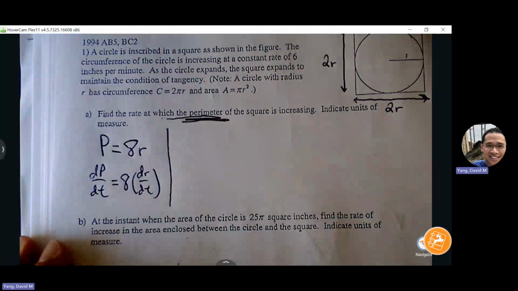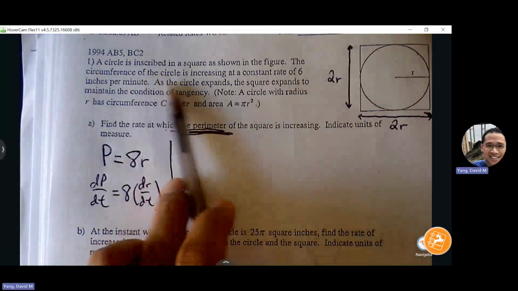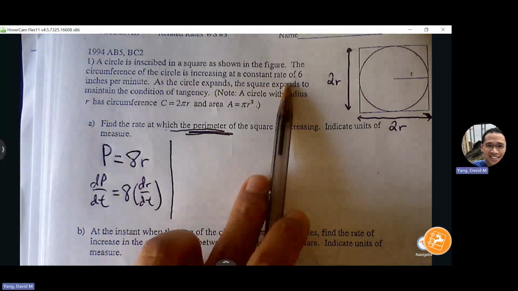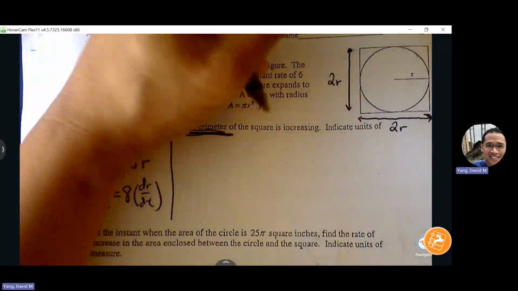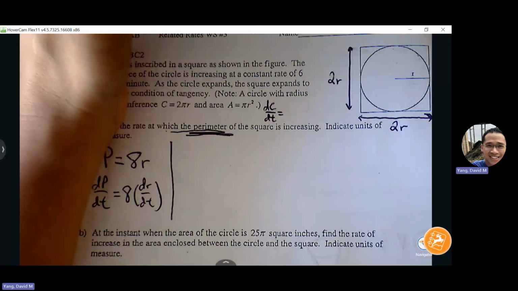So let's just gather information and plug in. All right, circumference of the circle is increasing at a constant rate of 6 inches per minute. So I'm going to put this to the side. I don't know if I'm going to need it or not. That's my dC dt.